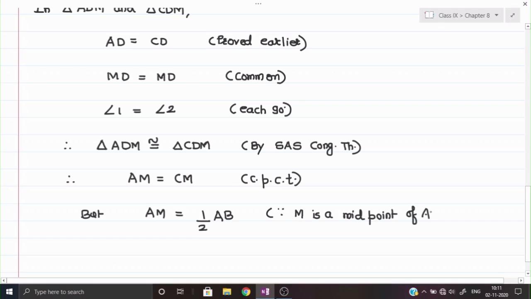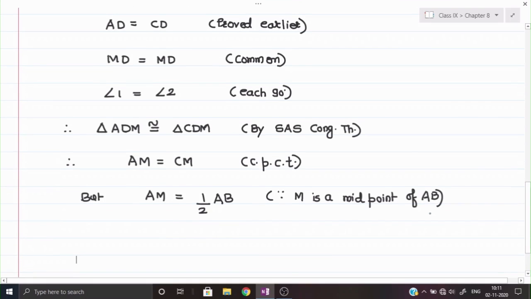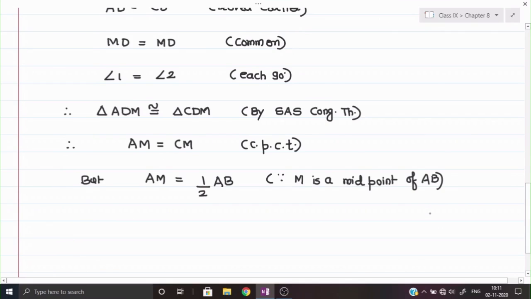Okay, that we have proved it, right? So now if AM is half of AB and AM and CM are equal, so we can say that AM is equal to CM and they both will be half of AB. Okay, this was the part number 3 which was required to be proved, and we have proved it now. So this question gets completed.